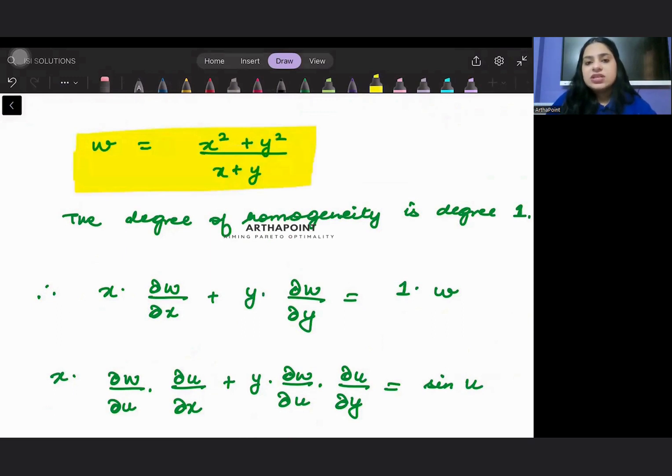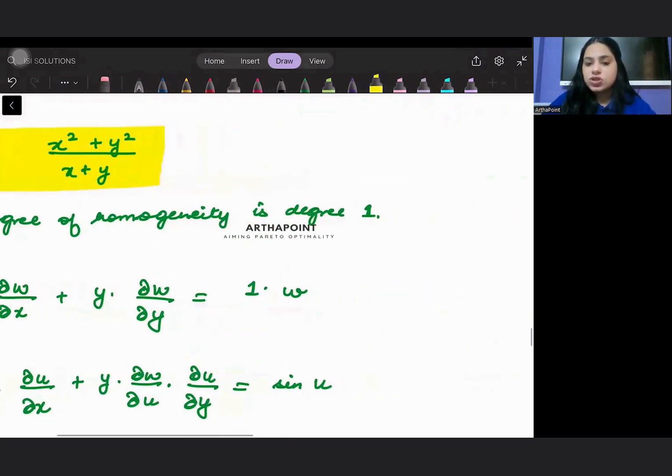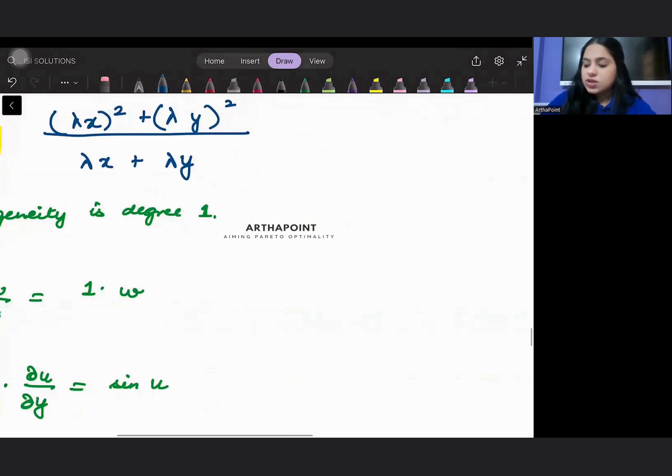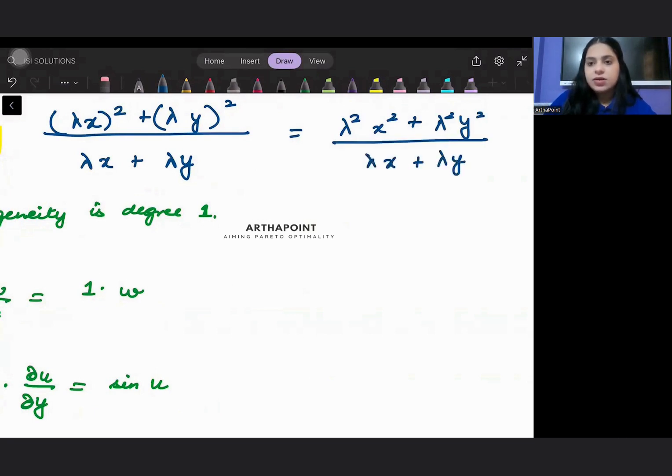Now try to see the degree of homogeneity of this function w. Instead of x, I will write lambda x, and instead of y, lambda y. Here I will get lambda square x square plus lambda square y square upon lambda x plus lambda y.